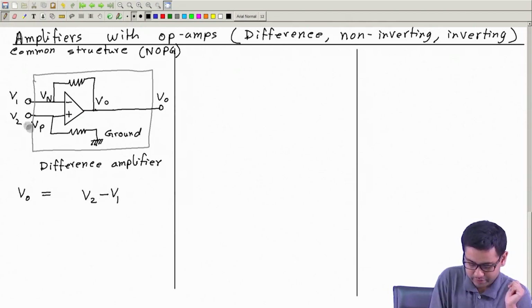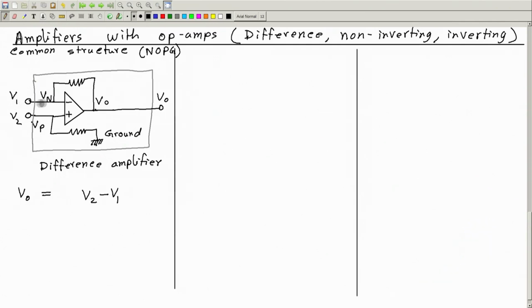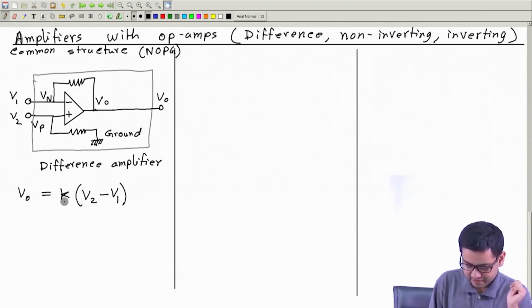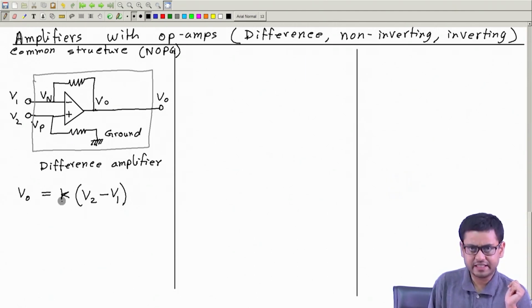Why 2 minus 1? Because V2 is connected to the positive side and V1 is connected to the minus side. This is multiplied by some factor K, and this K we call the gain or the amplification factor.